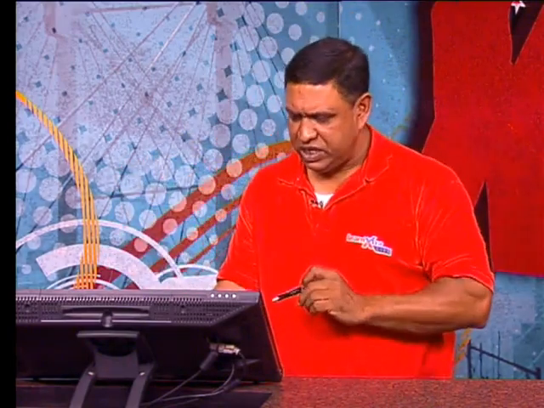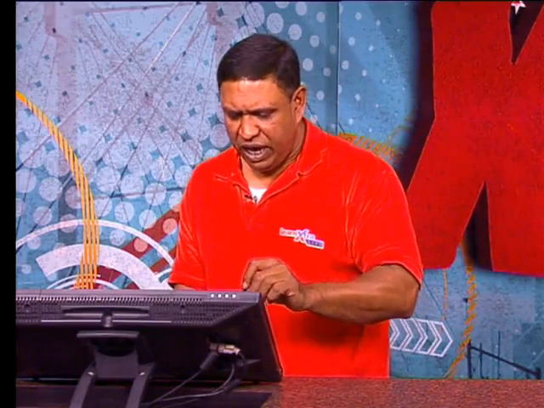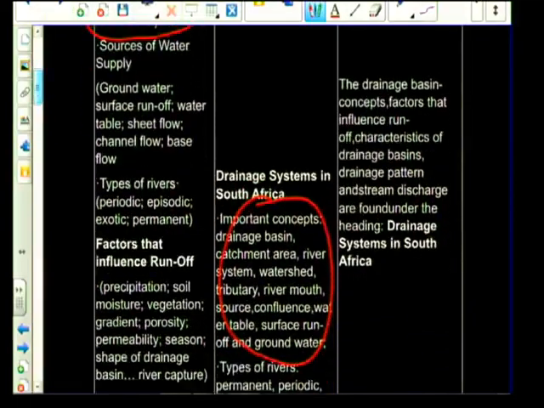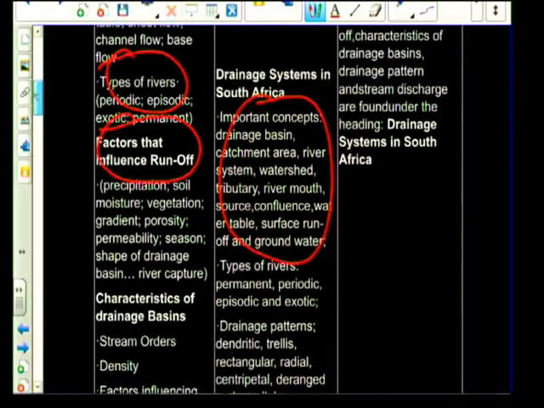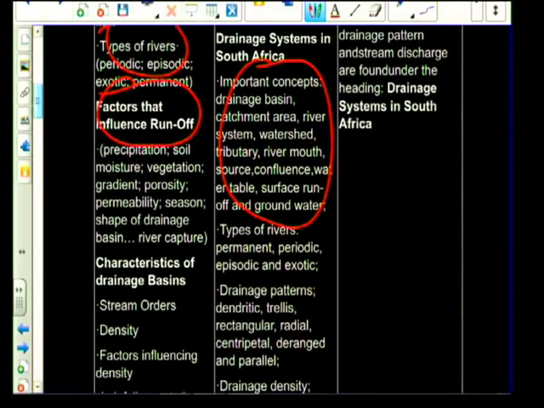Now, what we need to note is that many sections of the old NCS curriculum have now been put into one section under geomorphology. If I go down here, I can look at the source of water supply, the types of rivers, the factors that influence runoff. All these seem to have been separated in the old NCS curriculum.